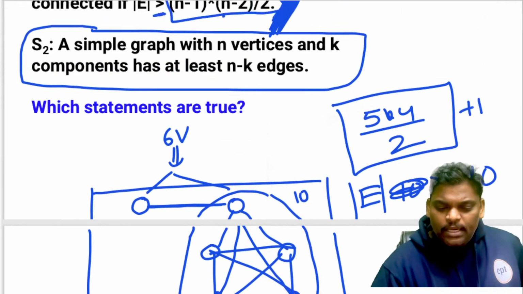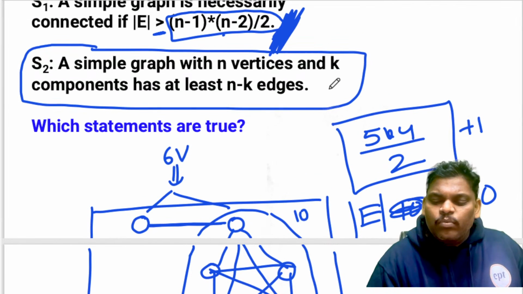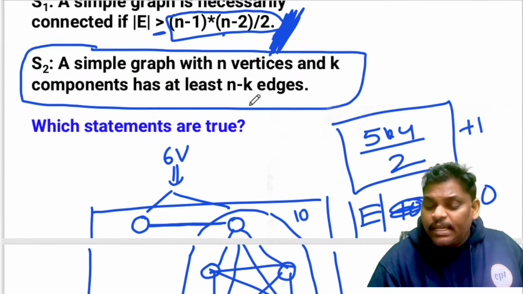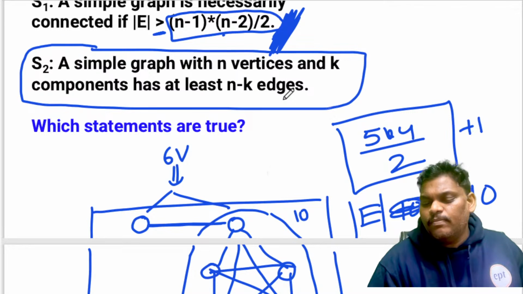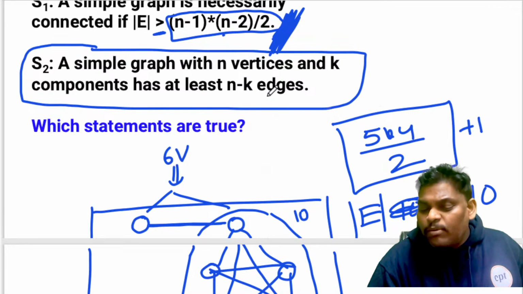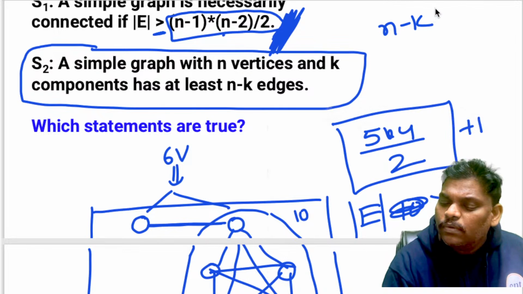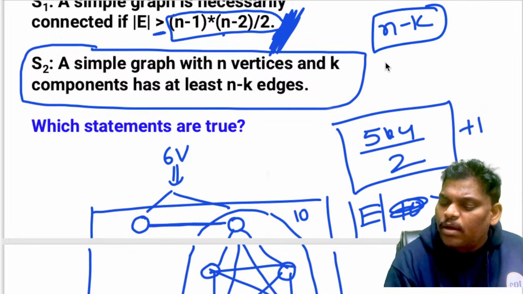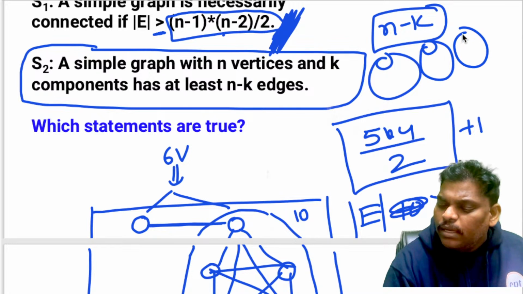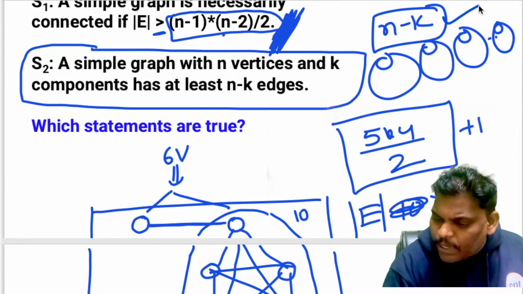So what I want to say is, a simple graph with n vertices and k components has at least n minus k edges, because n minus k vertices are left out. Because of k components, in every component keep one vertex.